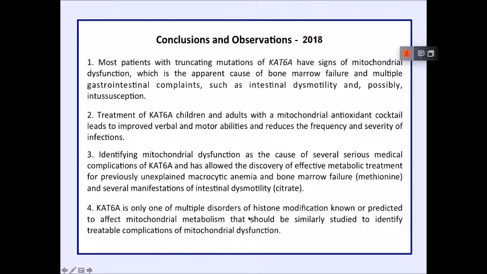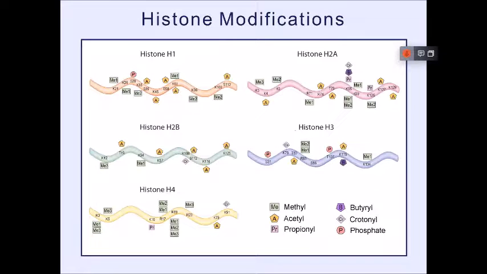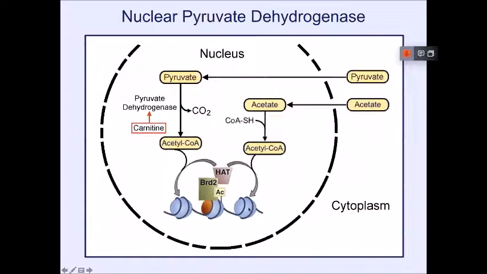So to move on to topics that we are working on or hoping to address, in terms of understanding or in terms of working on better treatments or additional treatments for KAT6A. So I should say in general that when the children with KAT6A deficiency have only half the normal amount of this enzyme as part of the KAT6A complex, the histone acetyltransferase.